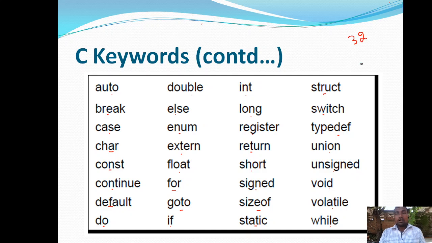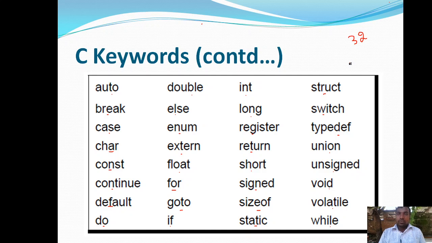Now, in the last session we have already discussed variables. Variables are categorized into several types depending on the types of constants that C language supports.